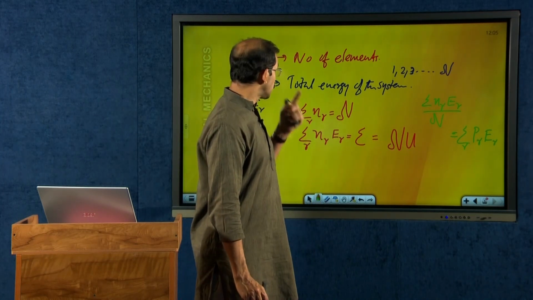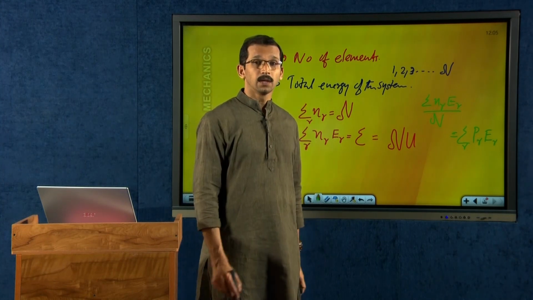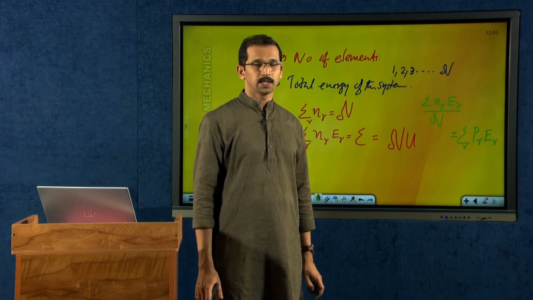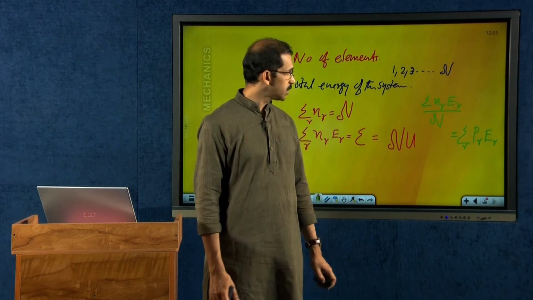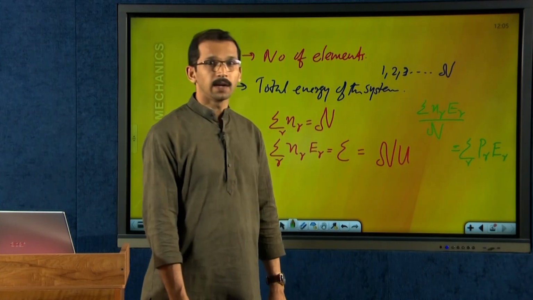Now, the canonical distribution function P_R is equal to e raised to minus beta E_R divided by the sum over R of e raised to minus beta E_R, right. This was our canonical distribution function, which we can substitute for the function P_R.